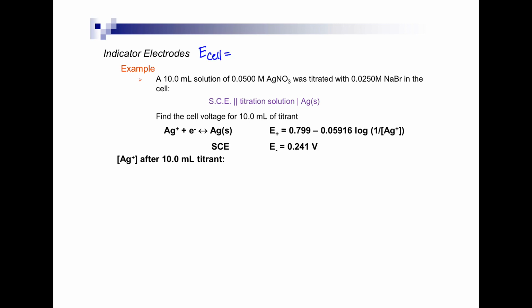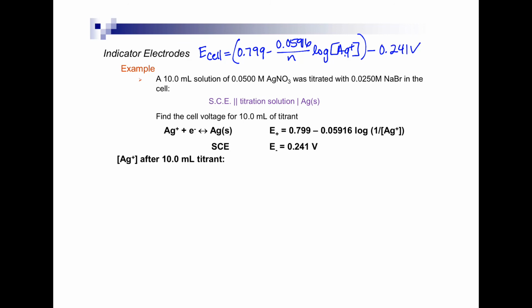It's cathode minus anode, and for us that is 0.799. The number of electrons. Silver is our indicator, so that's the cathode, minus what's happening at the anode. And so that's the equation that we're going to use. We just actually need to find this concentration so that we can put some numbers in there.